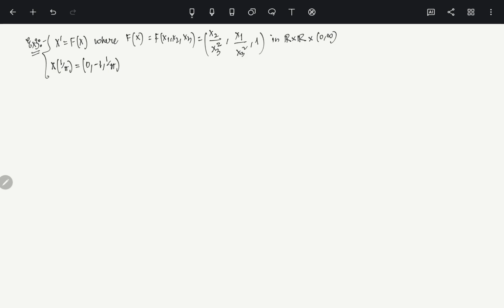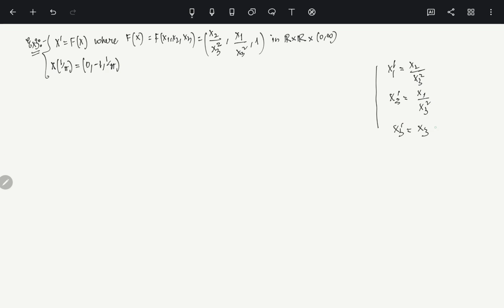Now it is not very difficult to see that, first of all, can you solve this problem? Yes, I am not going to solve this problem. What I am going to do is tell you how to solve it. So this is very easy, right? You see, x1 prime is nothing but x2 by x3 square, and x2 prime is nothing but x1 by x3 square, and x3 prime is nothing but 1.